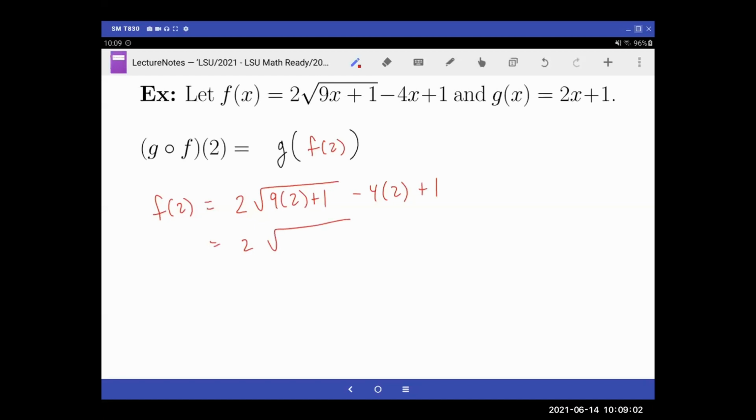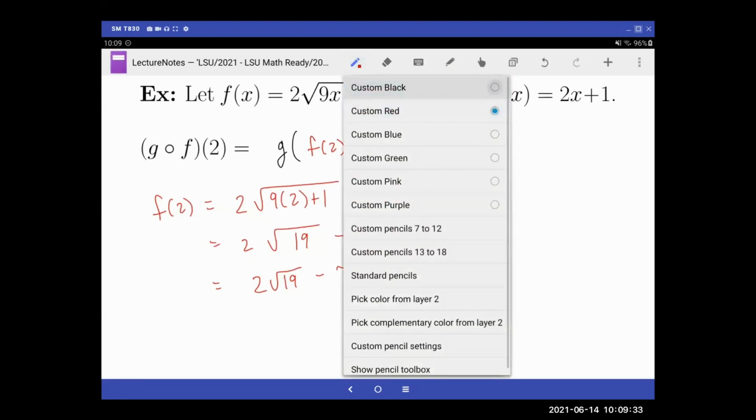Okay, 9 times 2 is going to be 18 plus 1 is 19. Minus 8 plus 1. So 2 the square root of 19 minus 7. Okay, that would be the output of f. Seems more complicated than what I wanted it to be, but oh well, we'll go with it. Okay, and so that's the output of f, so that will become the input of g.